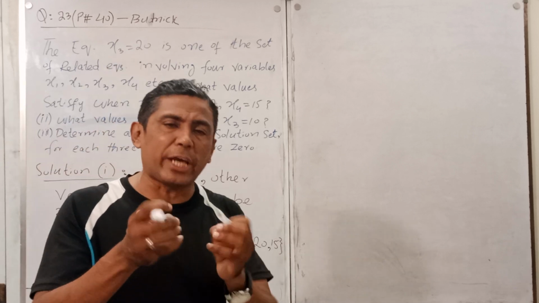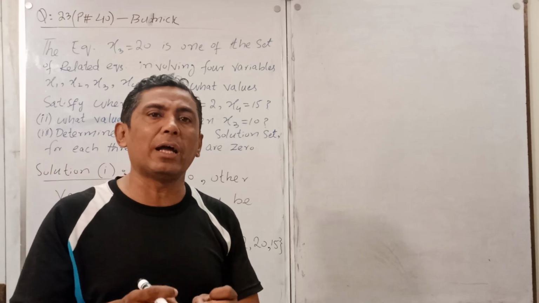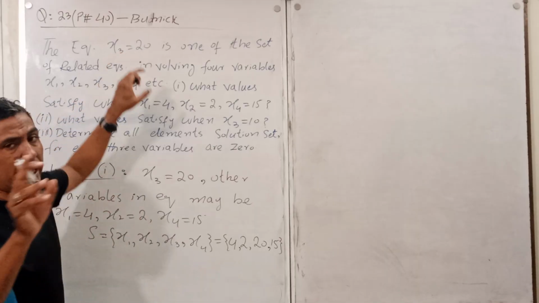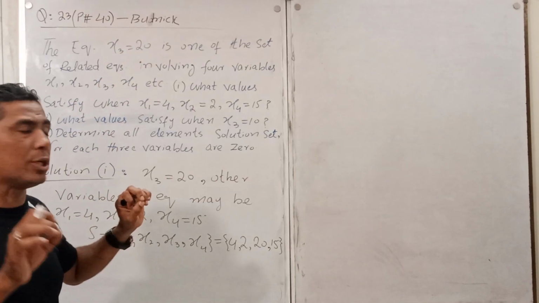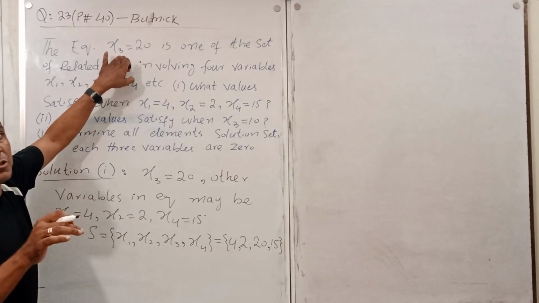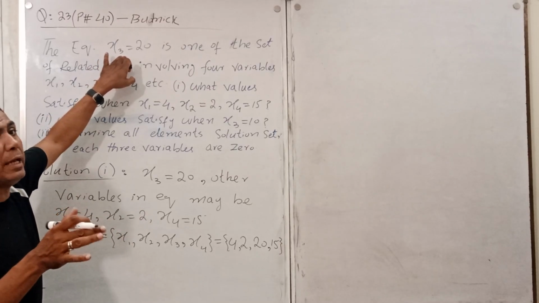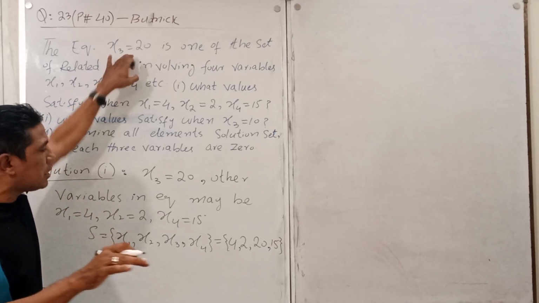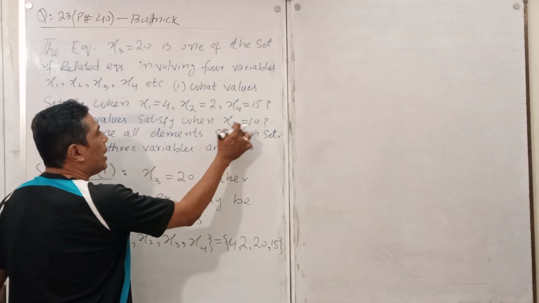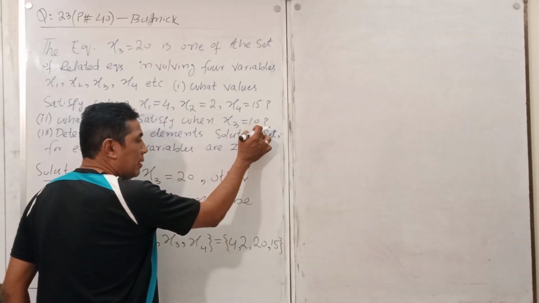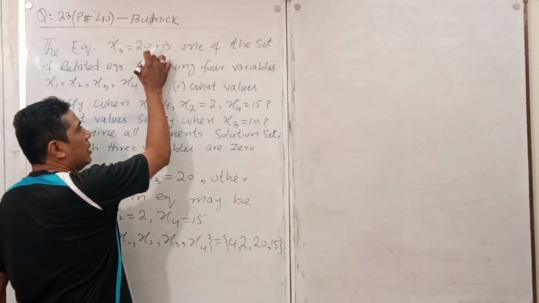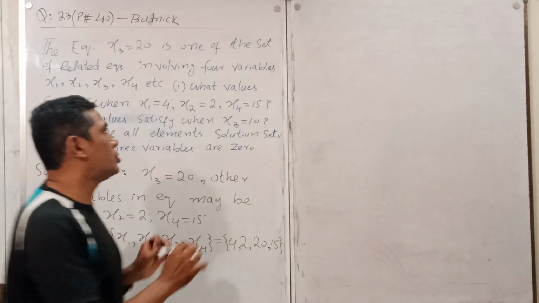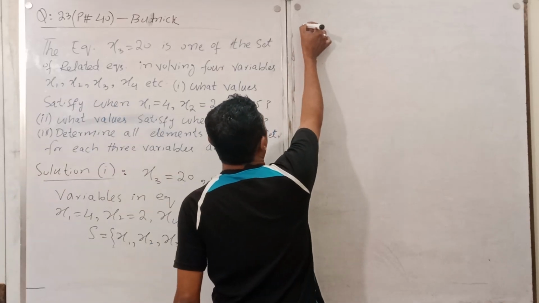So we have to check what other variables may satisfy this given condition. In this condition the value of x3 is fixed. It cannot be another value. Clear? So x3 cannot be equal to 10 according to this condition when x3 is already given equal to 20.